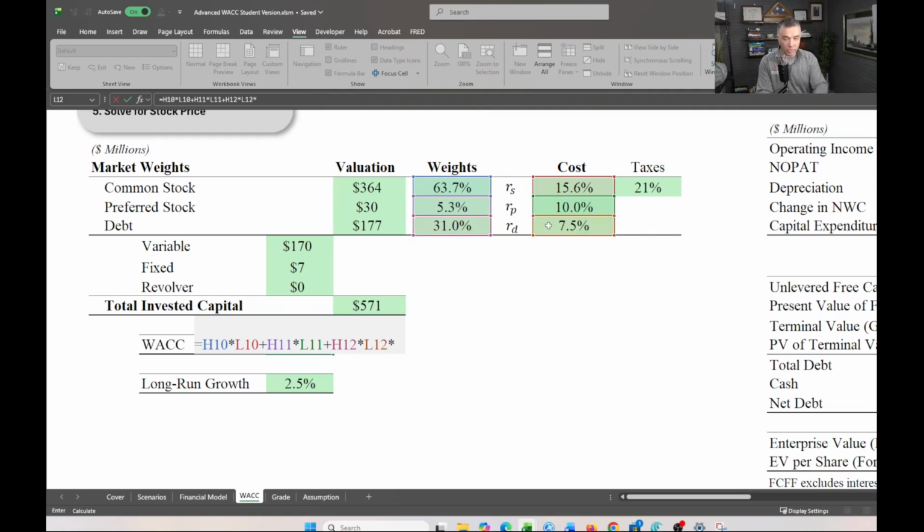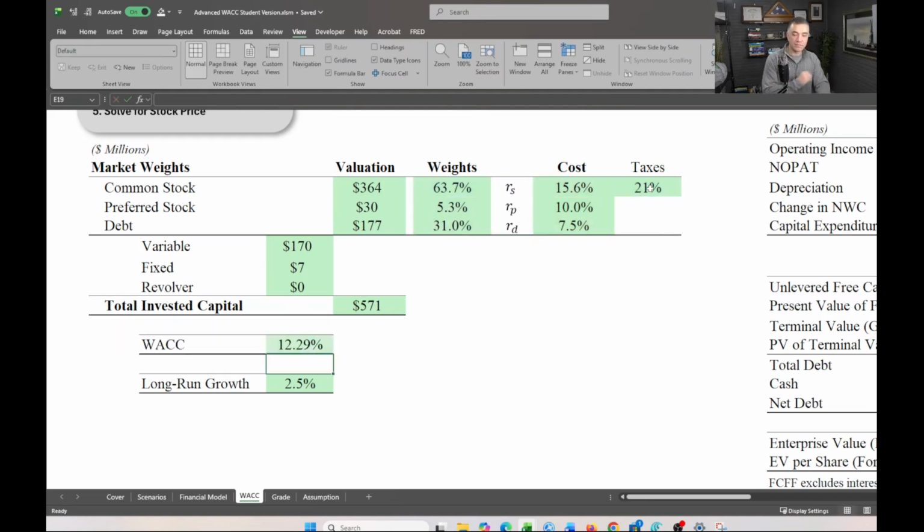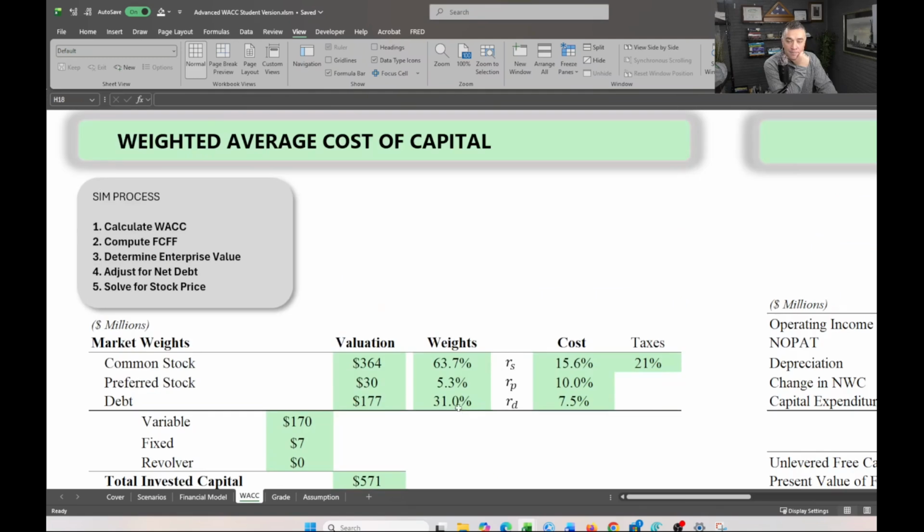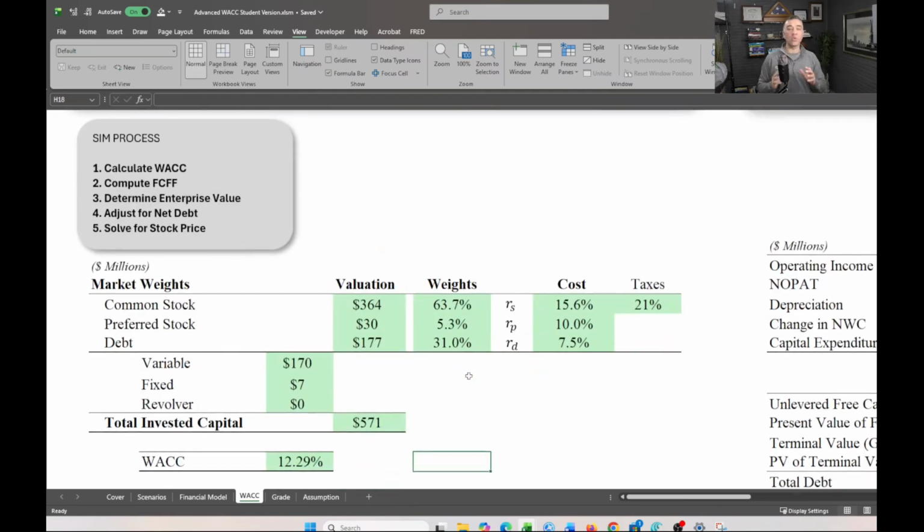With debt, I want to multiply times 1 minus our tax rate. So that's going to give us our weighted average cost of capital. There you go. That's how you calculate it.